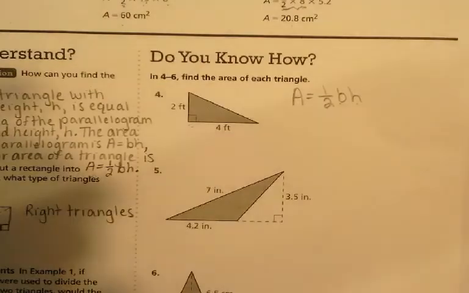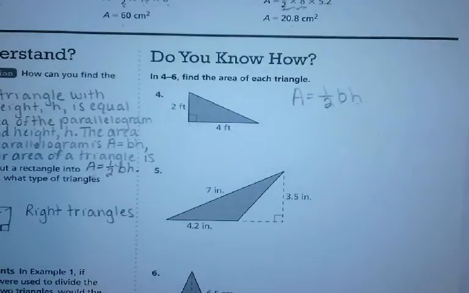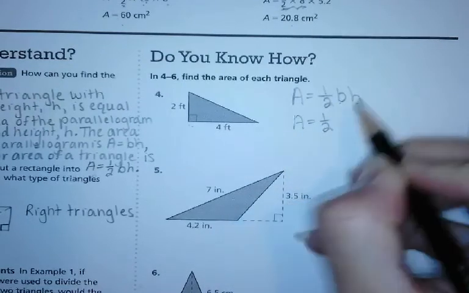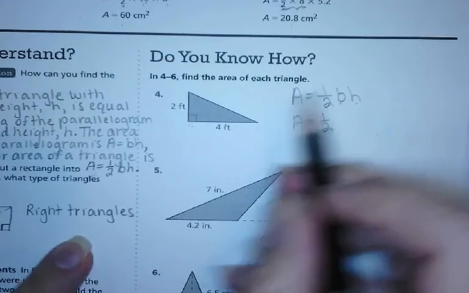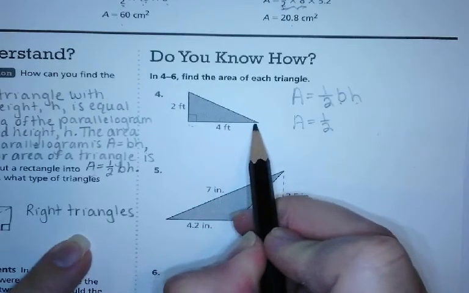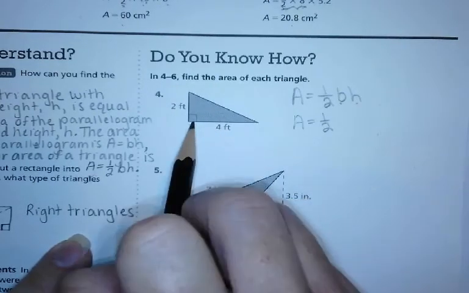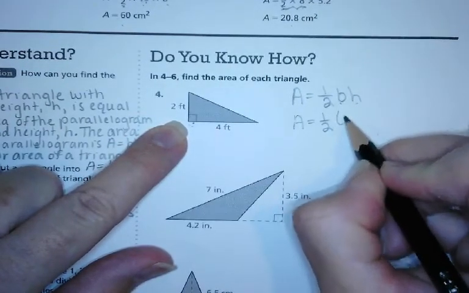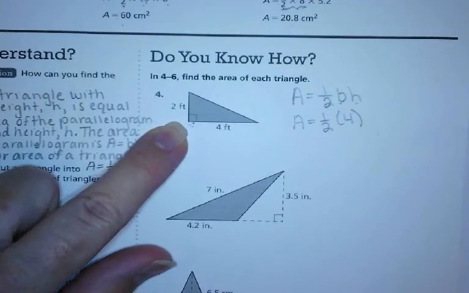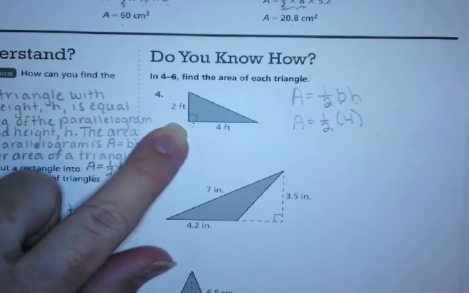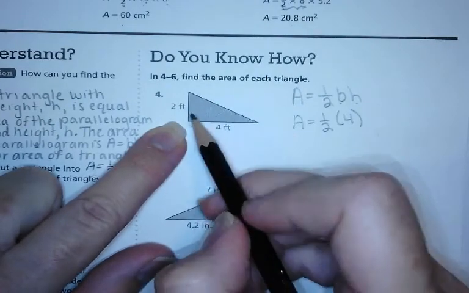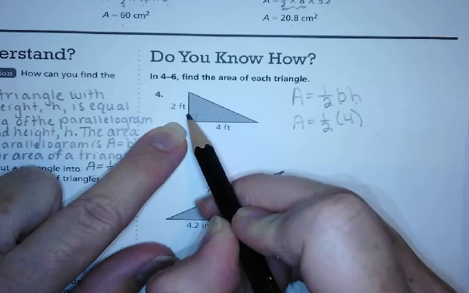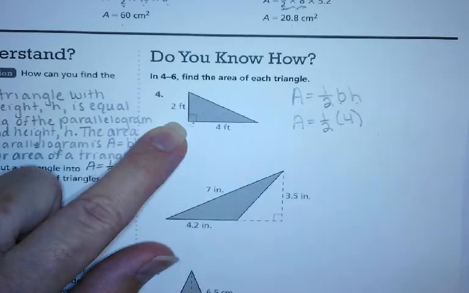Let me turn this light back on. Okay. So the base is going to be this 4 because it runs horizontal here to that angle. So I'll plug in a 4. I'm using a parenthesis to keep my numbers separated. And then the height would be the line that's dropped down here from this top vertex, and it runs perpendicular to that base.